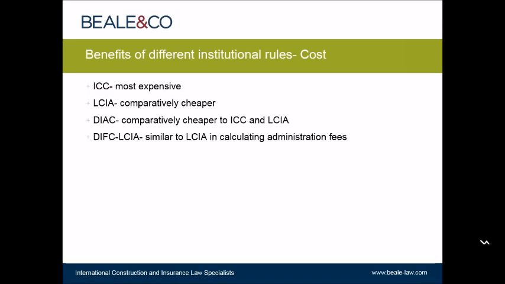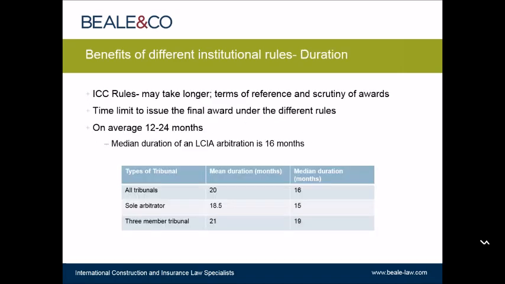An advance in cost is required. A practical tip for you is it may be worth looking at the cost calculators that are available on websites of the different institutions to assess and compare the potential cost that might be involved should a dispute arise under your contract.